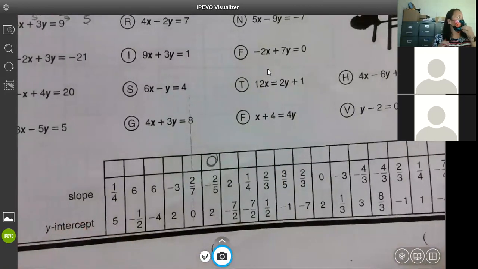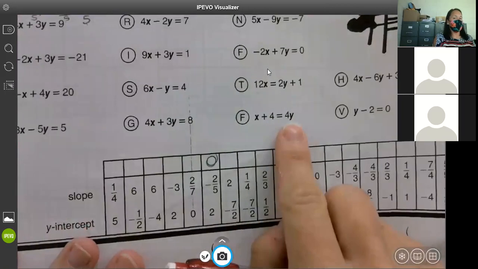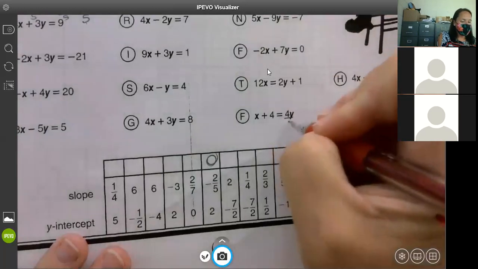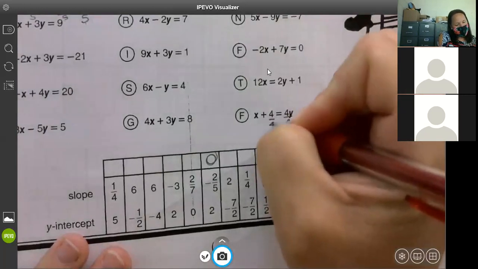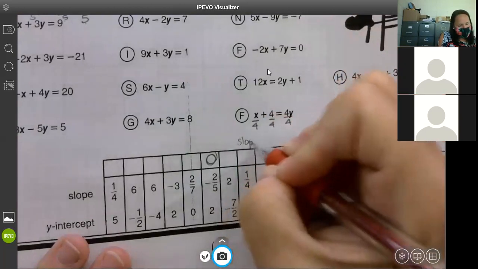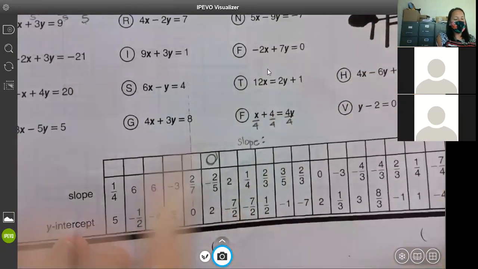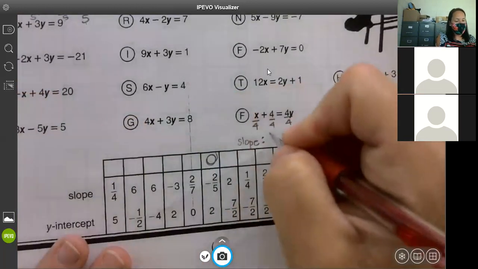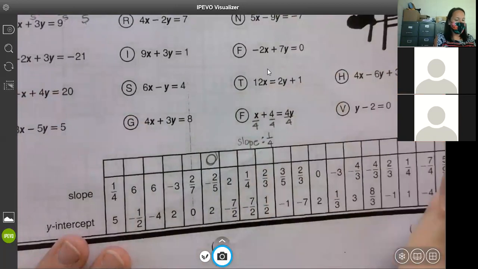Remember, we're trying to get y by itself. So if we look at the side with y, what's the only thing in the way? Divide by 4. It already moved x, so we're going to divide everything by 4. So what happens when you don't have a number on top of that slope? That's 1. So your slope is 1/4.